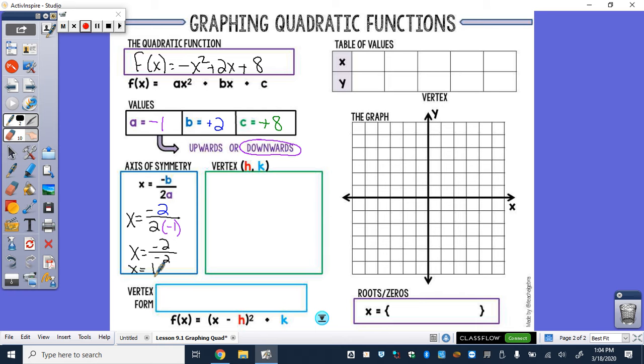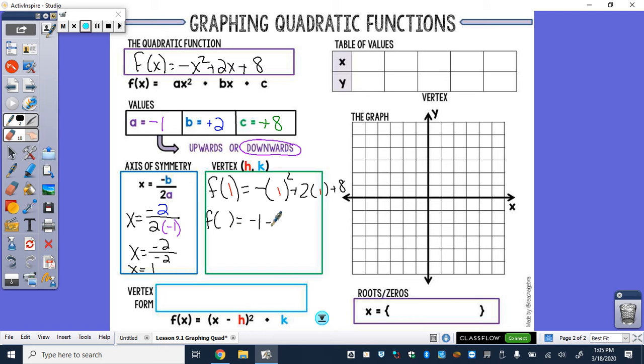So then again, we plug that 1 in. Ran out of space there because I'm writing a little bit too big, but that's okay. So I put all those ones in there.